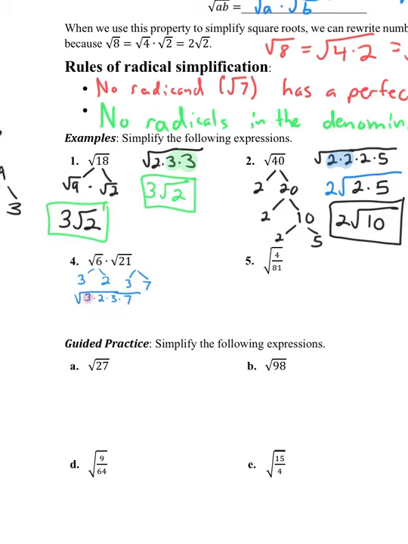And look at that, I've got 2 3s hiding out in here. So I'm going to have 3 times square root of 2 times 7. So that is 3 root 14. That'd be as simple as that one's going to get. Once I see 2 3s, I can pull those out. That's one way we could do this method.